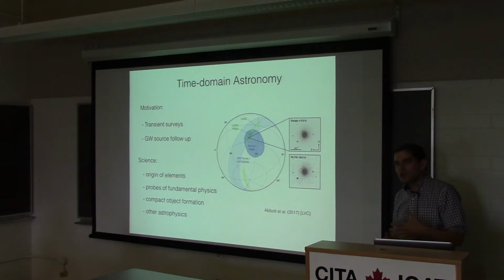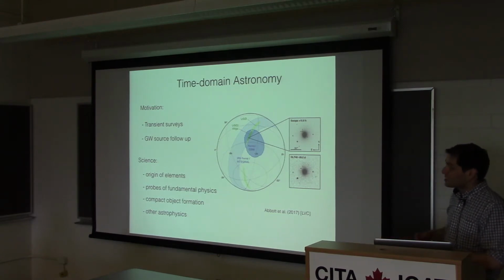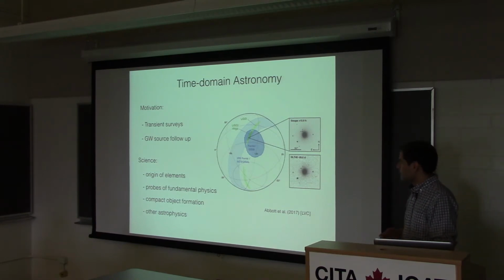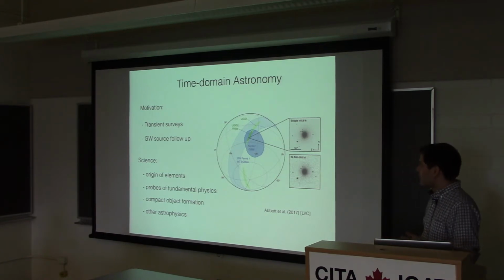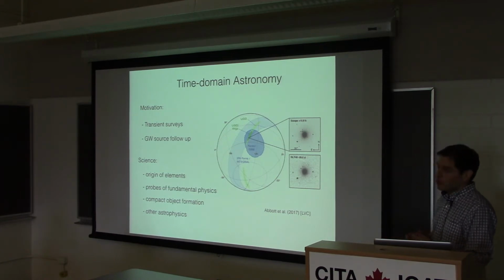Beyond just predicting progenitors of specific transients, there are some science applications that can come out of the study of transients in and of themselves. For instance, the origin of chemical elements: the r-process in the case of neutron star mergers, but core collapse supernovae, type Ia supernovae and other types of transients also generate chemical elements that are of interest.